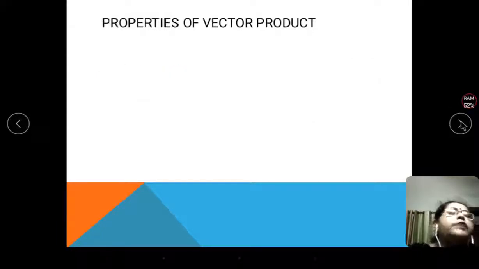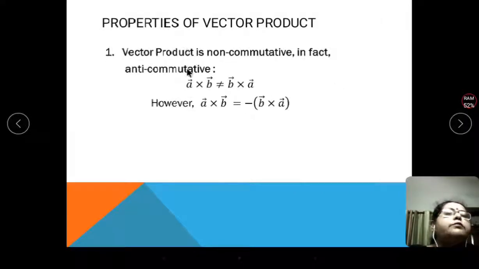Okay, we continue now with some properties of vector product. And the first one is a very important and interesting one, that vector product is non-commutative. Now, if you remember, till now all the properties we have learned, like vector addition was commutative, multiplication of a vector by a scalar was commutative, even scalar product was commutative, but now for the first time vector product is non-commutative.